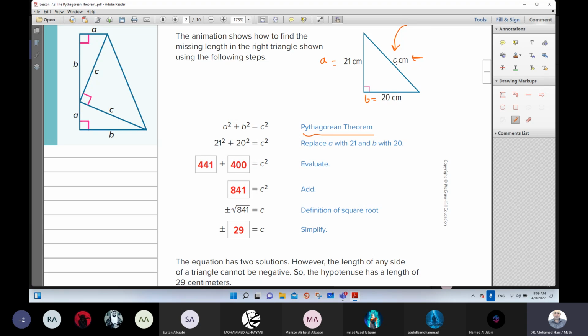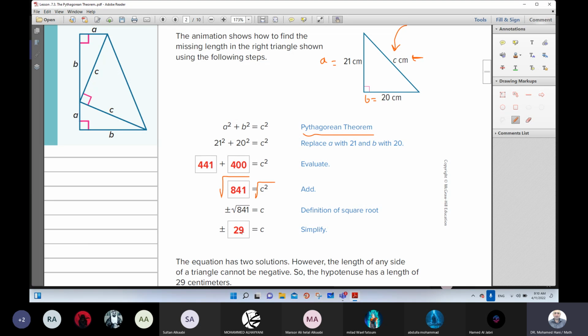We want to find c. We know c squared. How to find c? Take the square root. The square root of c squared equals c, and the square root of 841 has two values, negative and positive 29.